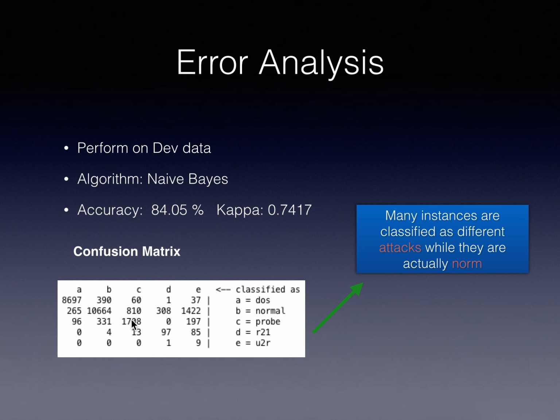The diagonal means that we classified correctly, and we can see that this line has values that should be 0, but actually they have much bigger values. That means that many instances are classified as different kinds of attacks while they are actually normal. This is a little different from the error in the binary classification I stated previously.